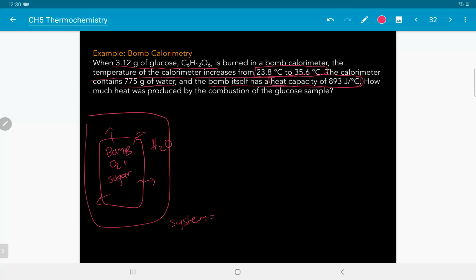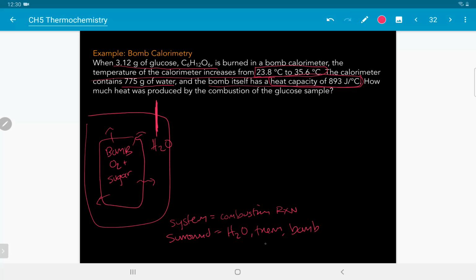The system is the oxidation reaction, the combustion reaction. The surroundings are going to be the water, the thermometer, and the vessel, which is the bomb itself.